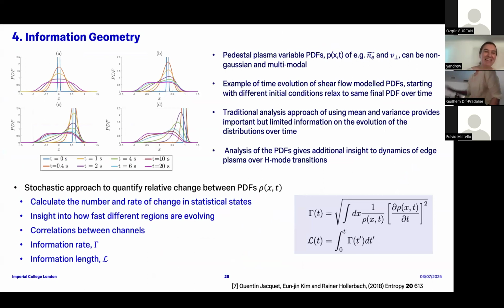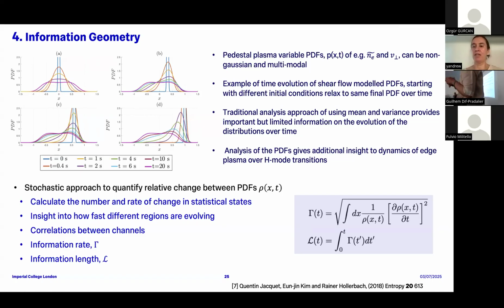Okay. If you're interested in information geometry, come and speak to me afterwards. But basically, we've analyzed these results using information geometry to quantify. It's very nice to look at the PDFs and to be able to track how they're changing, but we really want to be able to quantify that. This is a method that we use to overlay a PDF with its adjacent one in time, so a future PDF, and quantify how much that is changing.